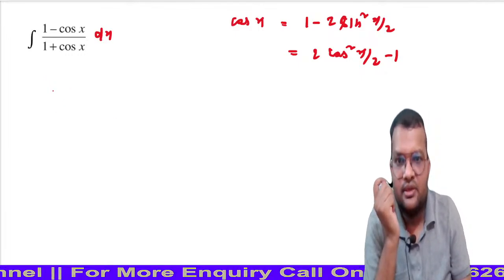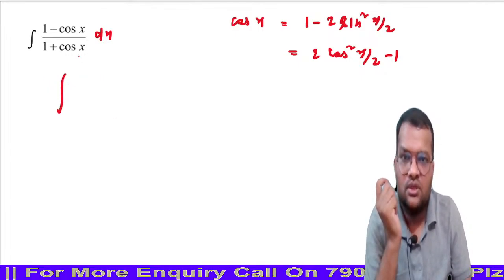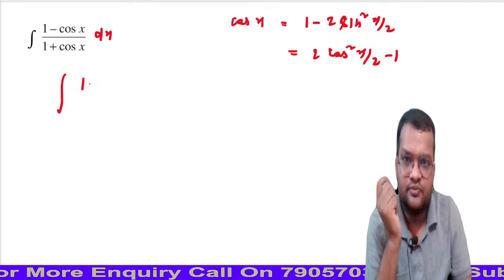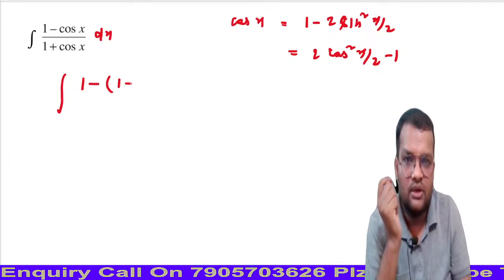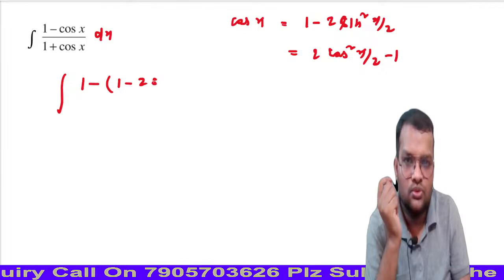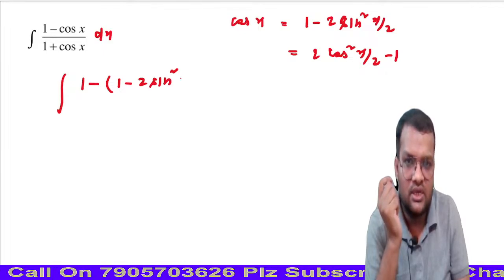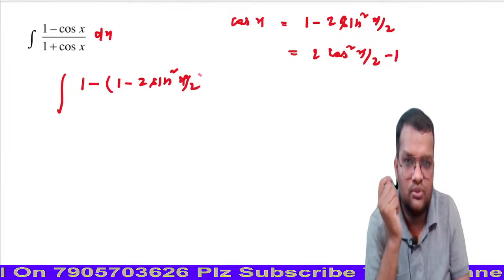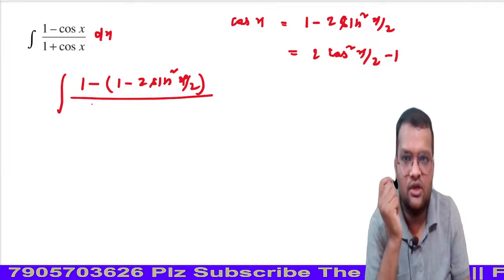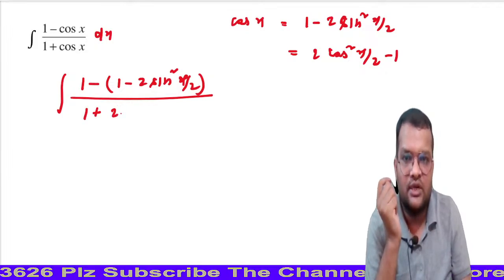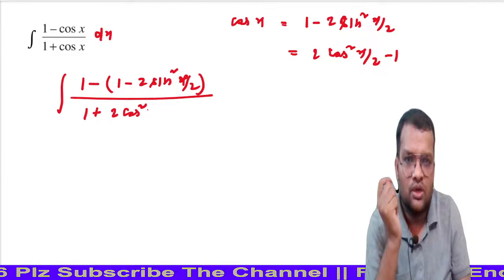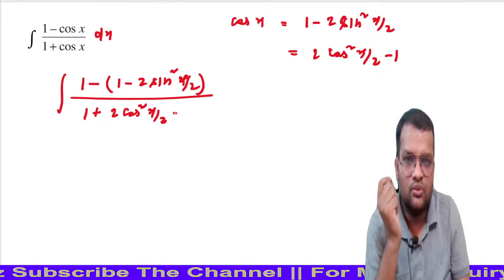So we apply both. In the numerator, 1 minus cos x you can write as 2 sin square x by 2, and in the denominator, 1 plus cos x you can write as 2 cos square x by 2.